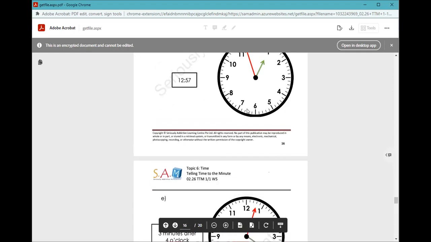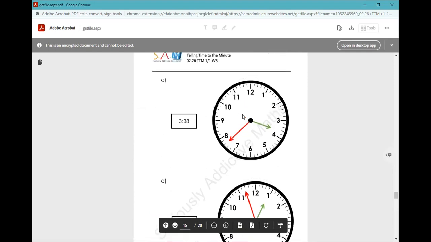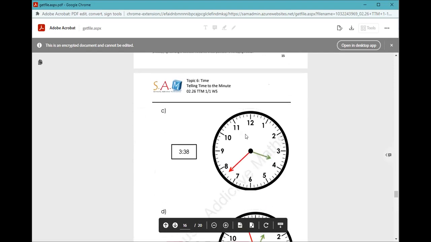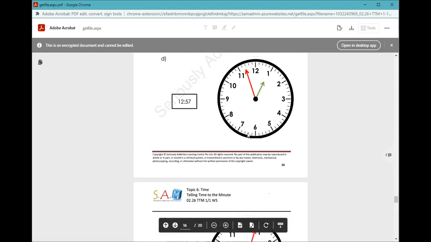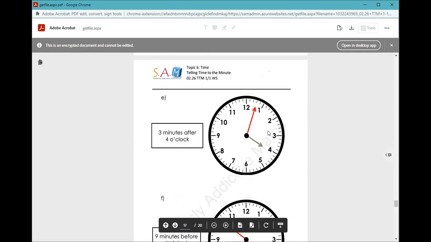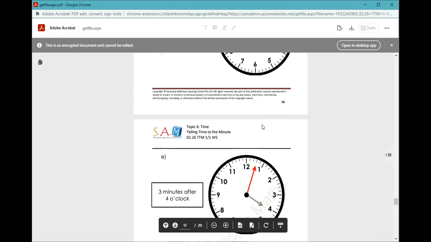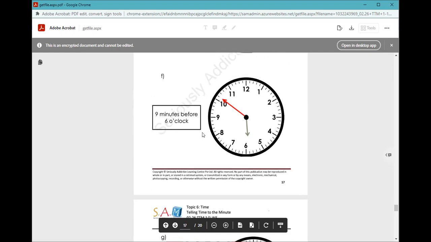I think these are quite easy. This one would require them to draw the minute hand. You might want to do 1 or 2 questions with them. Show me 12:57. Where would that be? The focus is on the minute hand; the hour hand is already drawn, so it's not as complex. Might want to do a bit of practice in terms of 9 minutes before 6 o'clock.